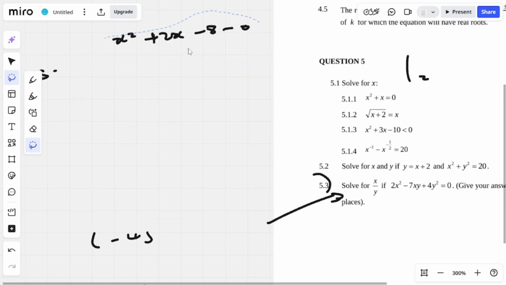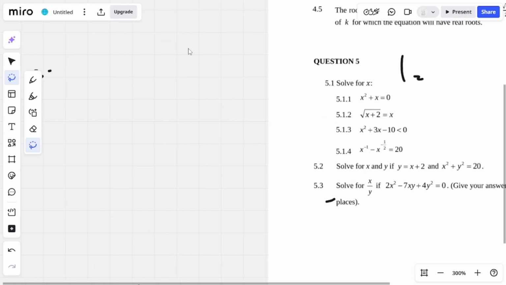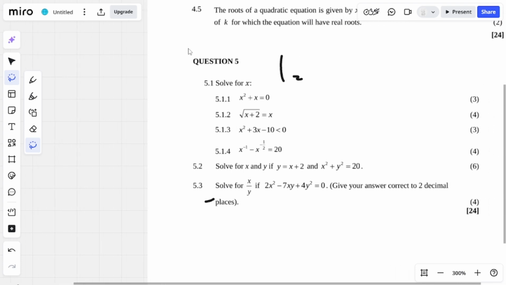So for the last one, which is usually the last question of question 1, it states solve for x over y if 2x squared minus 7xy plus 4y squared is equal to 0. Now give your answer in 2 decimal places. Now in order to find your answer, you basically have to divide by y.